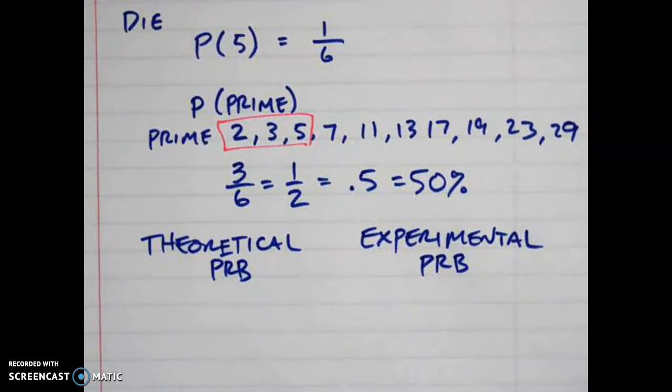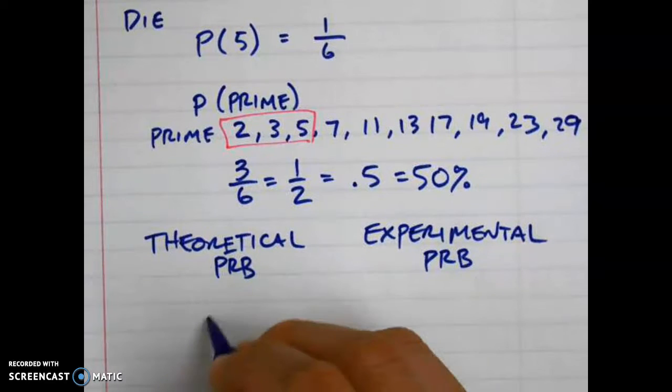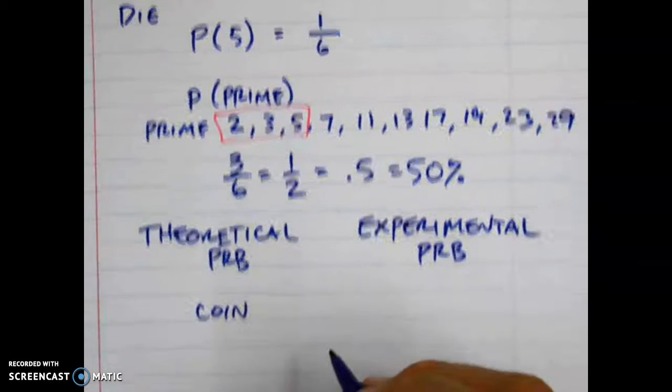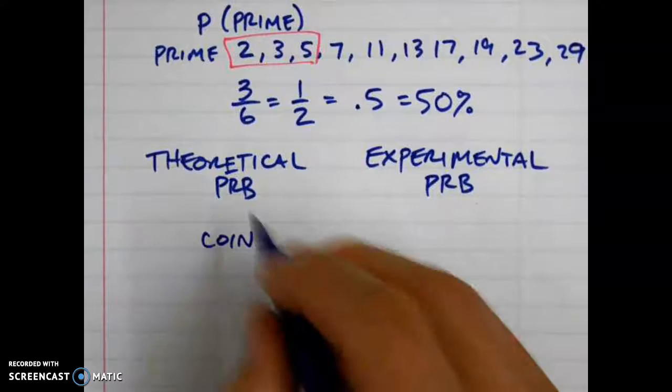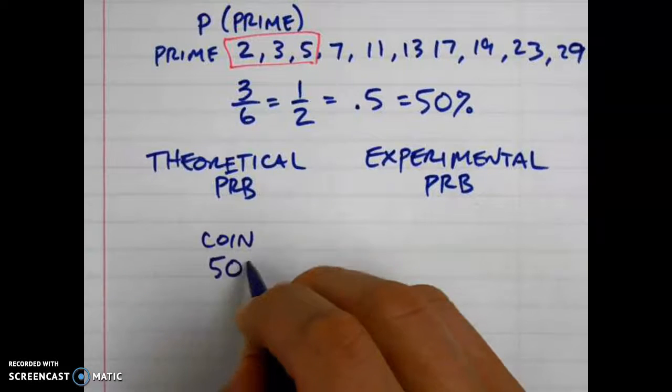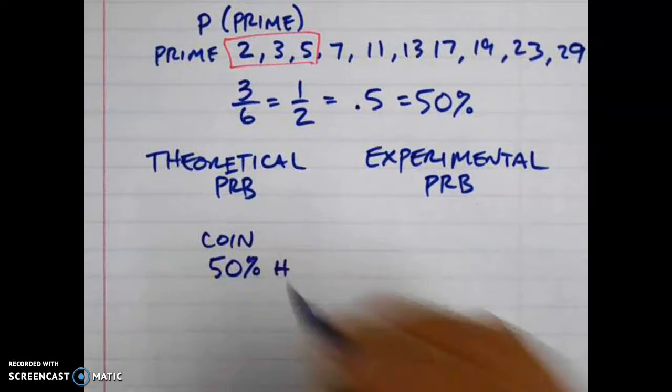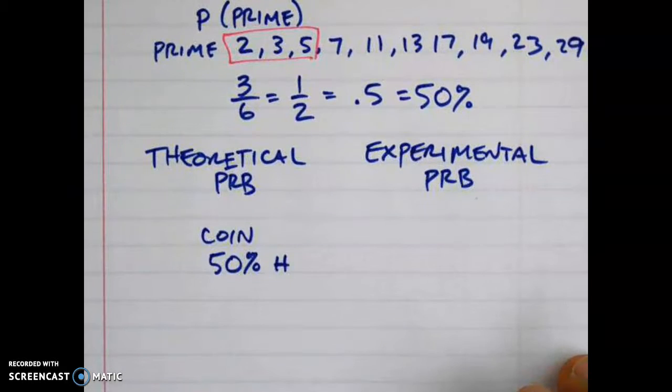If I flip a coin, what's my chances of getting a heads? Okay? A coin toss. My theoretical probability is 50% heads. So if I flip the coin 10 times, you would expect it to be heads how many times? 5. Is that what happens in real life?